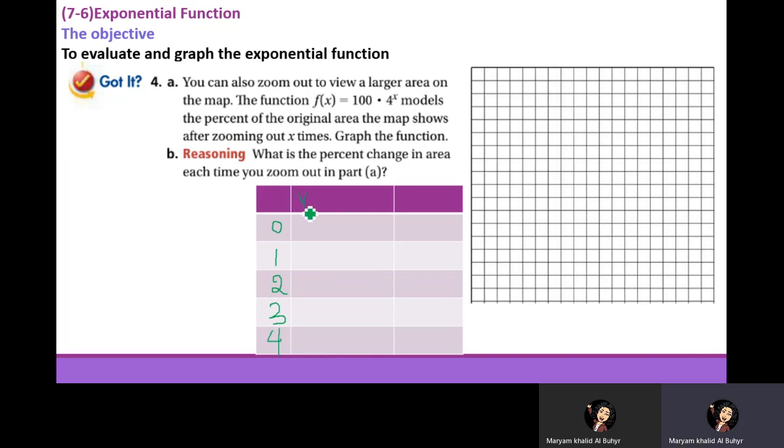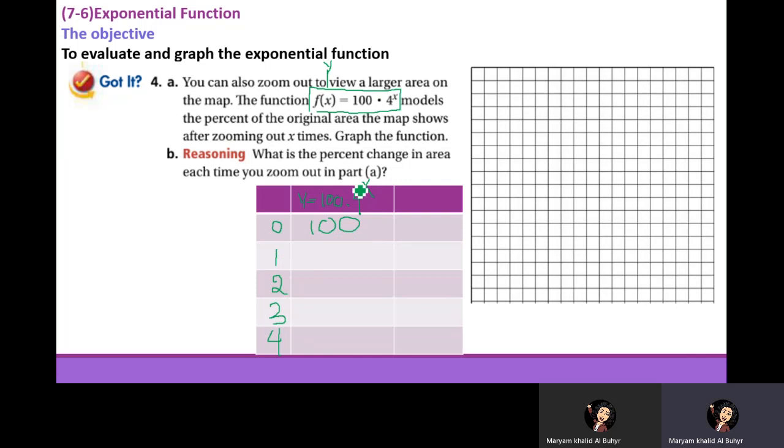And here I have y equals, given the same situation where x is the number of times that you zoom in, f of x, I can change it into y, no problem, 100 times 4 to the power x. Just substitute. Once you substitute 0, it will be 100.